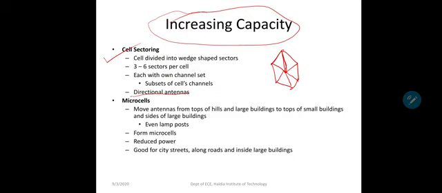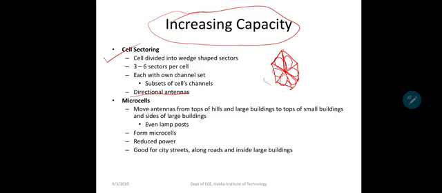In this case, for the communication we use directional antennas, that is, a set of antennas which produce a range of coverage in a particular direction, like this, like this, like this. So if we are using a set of antennas, their coverage will be like this.